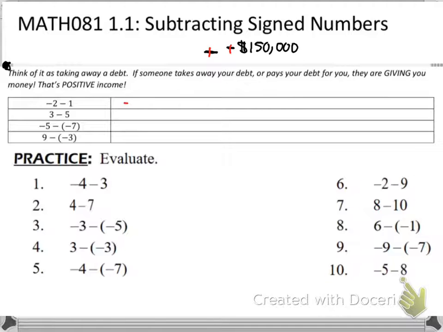So I have -2 minus 1. Now I want to remind you that you can use any of those methods that I taught you in the last video. One of the methods that we talked about was the SSSDDD method, where you think about whether the numbers are the same or different. We also talked about the number line method.